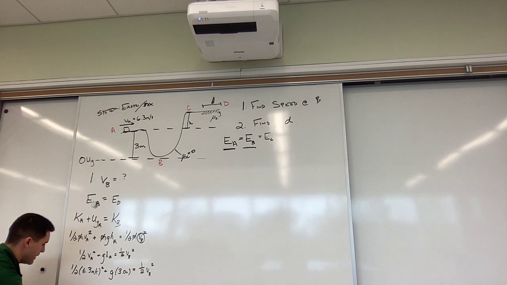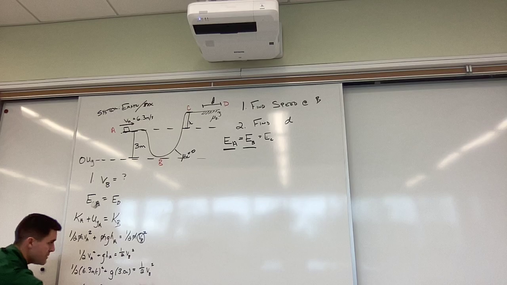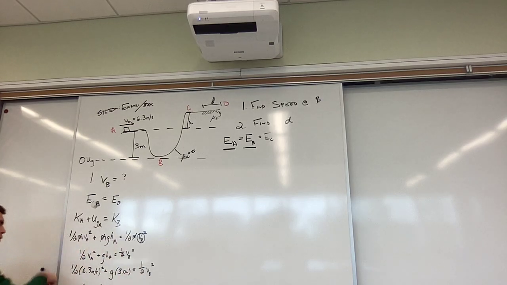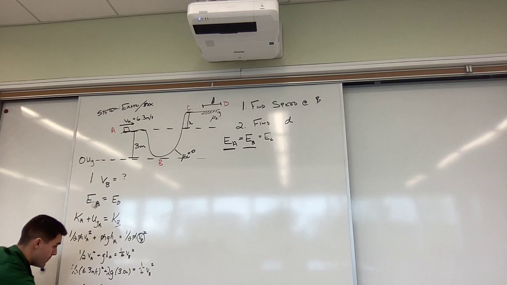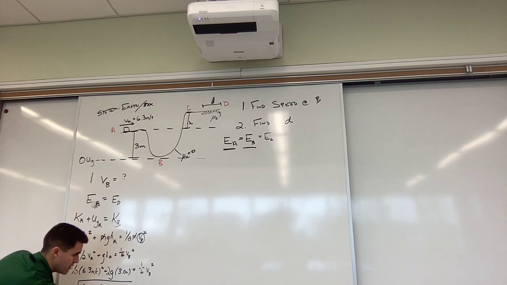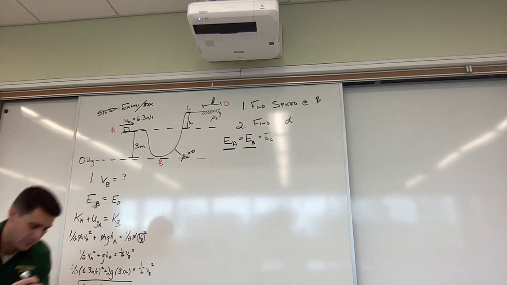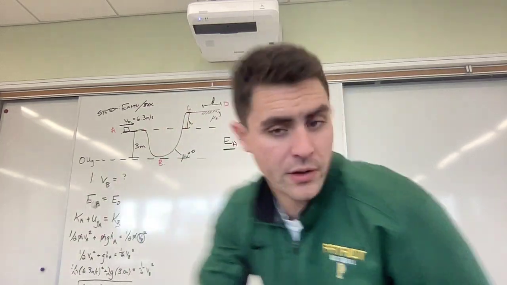What I end up having is 6.3 meters per second, this quantity squared, plus 2g, because I bring the 1/2 over, it gets rid of this but throws a 2 in front, times 3.0 meters, and the square root of all of this will give me the speed at point B.